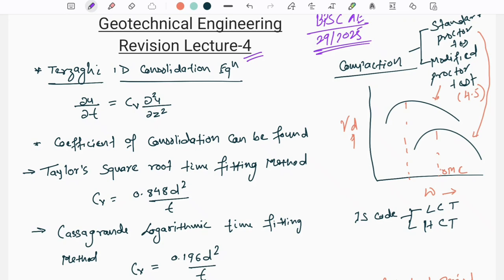Consolidation means water is squeezed out from the soil. Whereas compaction is, as we increase the load, the expulsion of air from the voids of the soil. That process is called compaction. So in compaction we reduce the volume, and in consolidation also we reduce the volume. This is the main difference between consolidation and compaction.